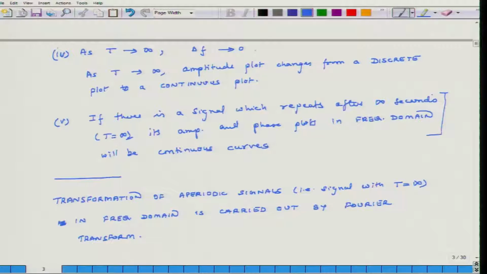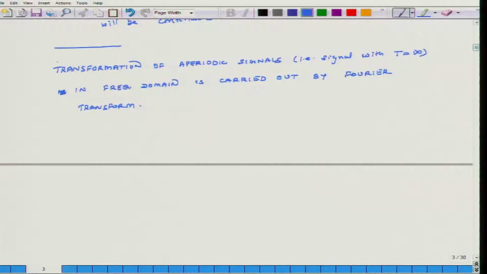So, you will find it at 0 hertz, 0.1 hertz, 0.001 hertz, 0.0001 hertz, and at all possible frequency values it will have some Fourier components. Okay. Why? Because of this understanding that as the time period becomes very large, the frequency separation between 2 points shrinks to 0. So, the Fourier transform helps us achieve this.